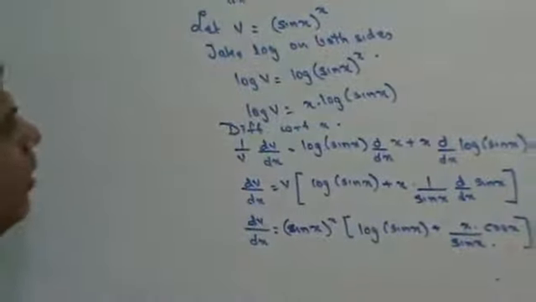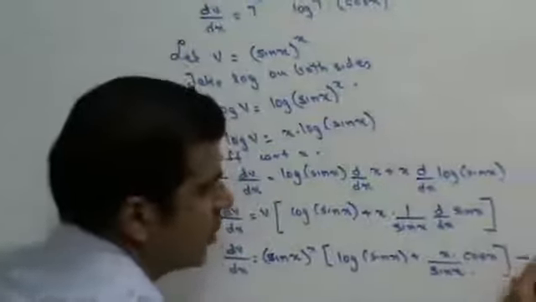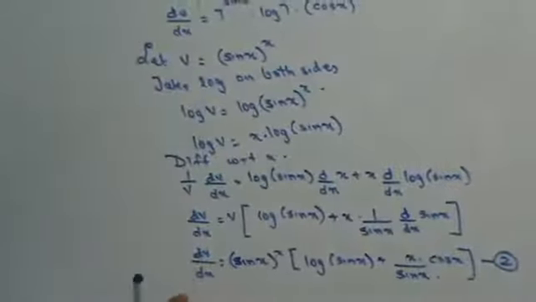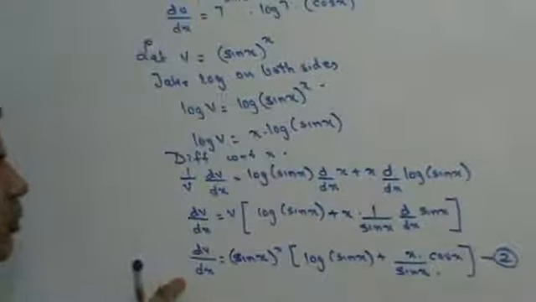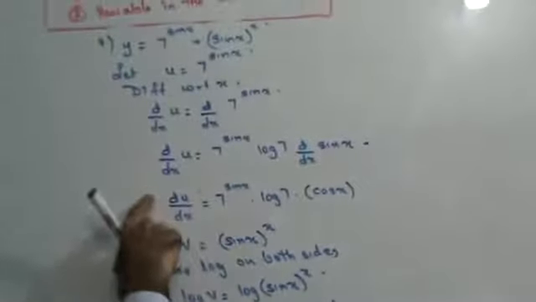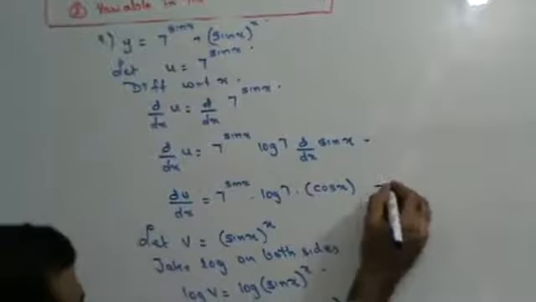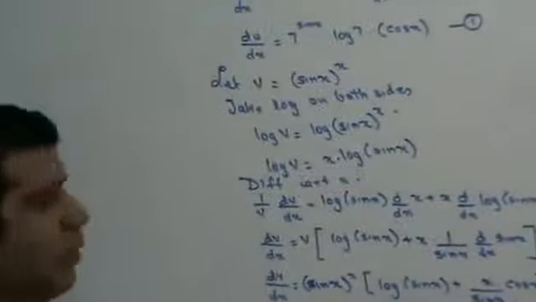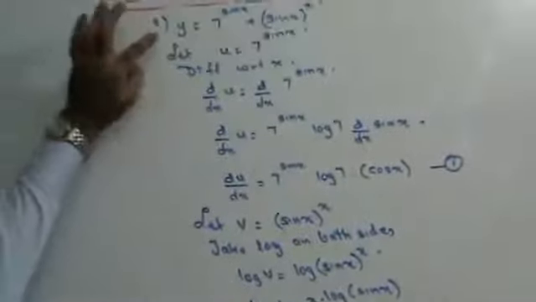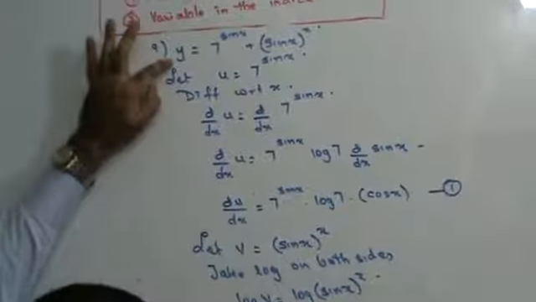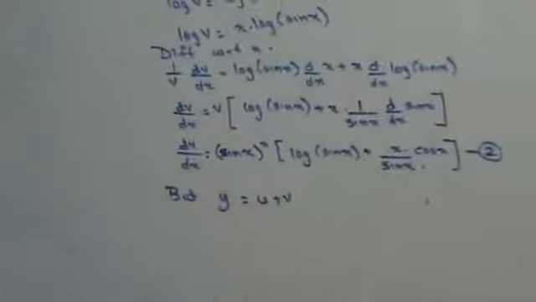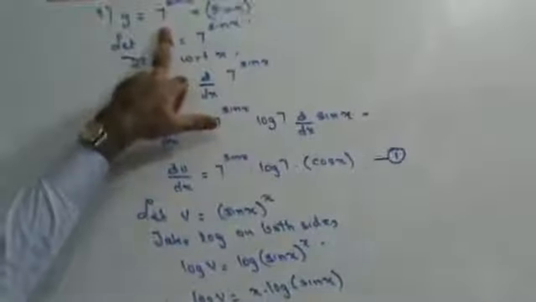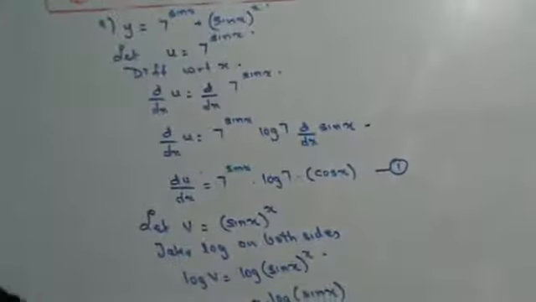Right? Now call this equation 2, the dv/dx. The du/dx that you had found out, call that equation 1. Now if I look at my values of u and v and my original sum, y is equal to u plus v. 7 raised to sin x is u, sin x raised to x is v.